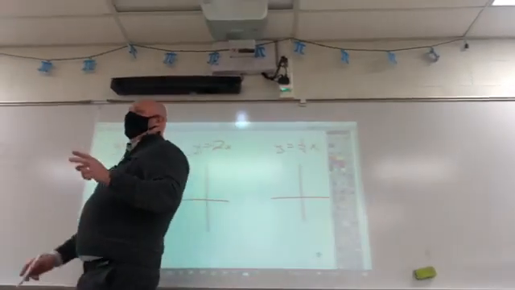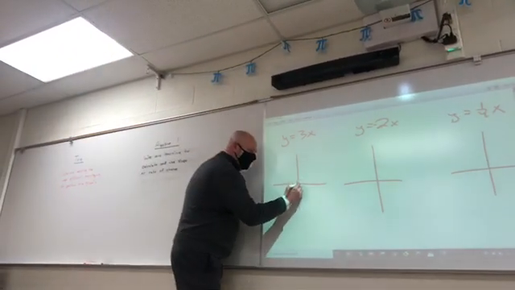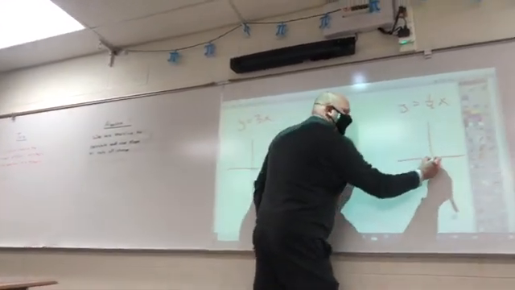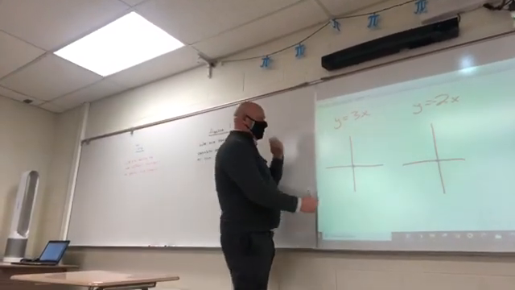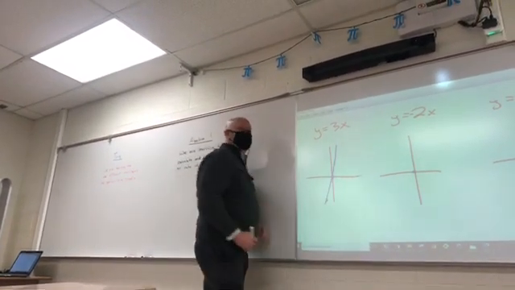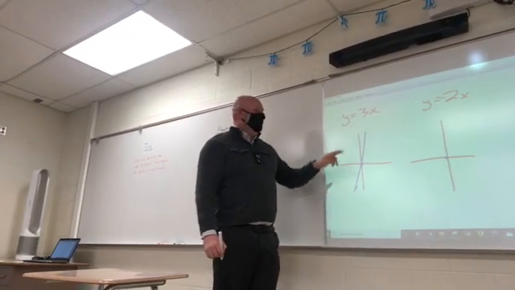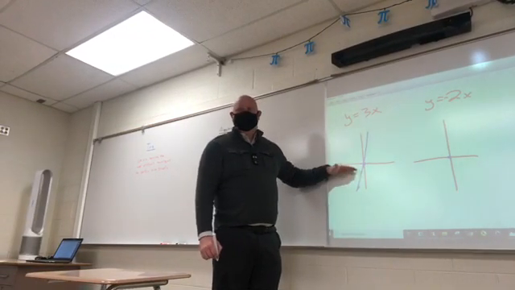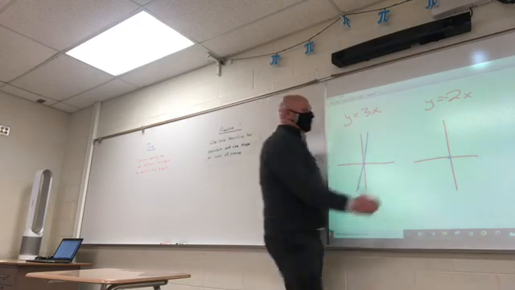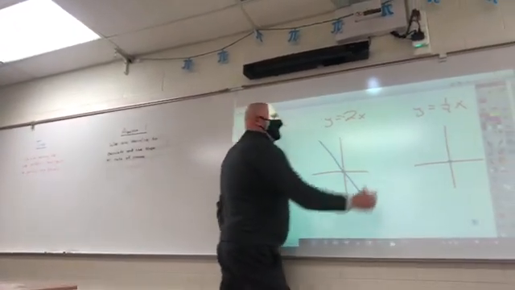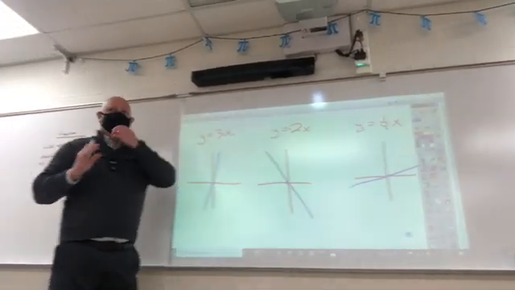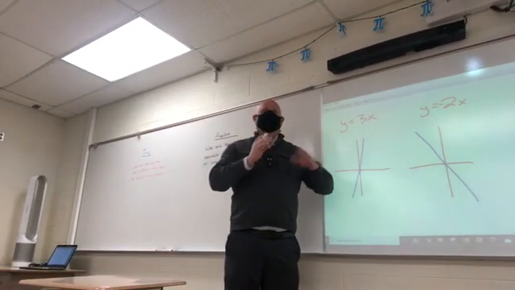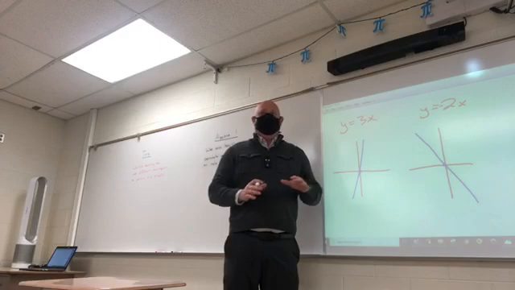They will go through 0, 0. All 3 of them will go through 0. Direct variation has to go through the point 0, 0. This one would look something like this. This would look something like that. This would look something like this. But all direct variation equations go through 0, 0. It's an easy way to recognize them.